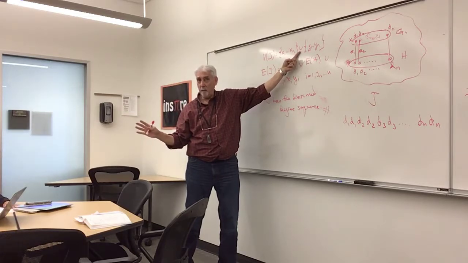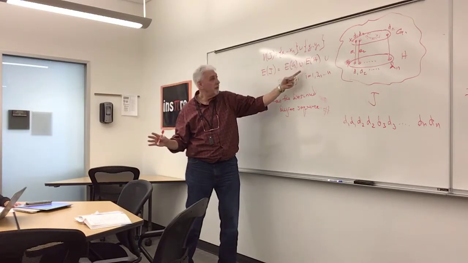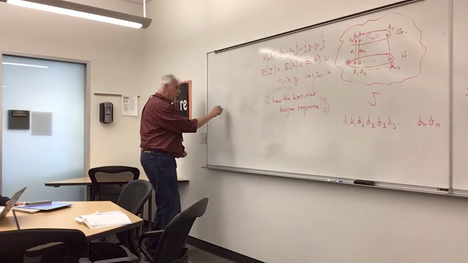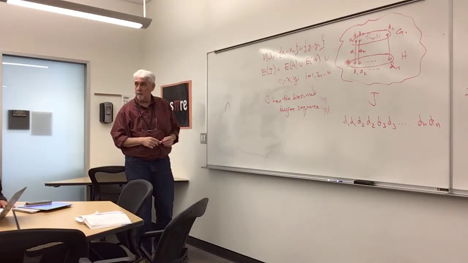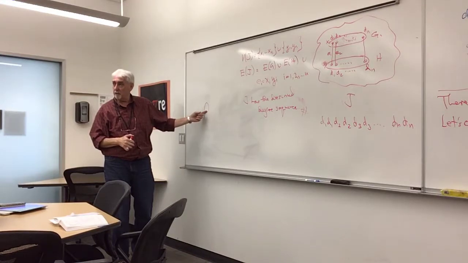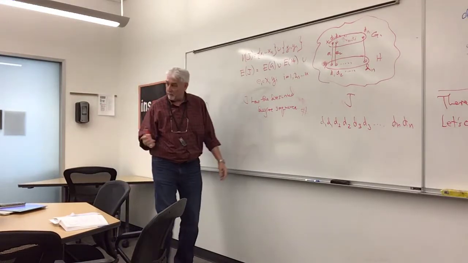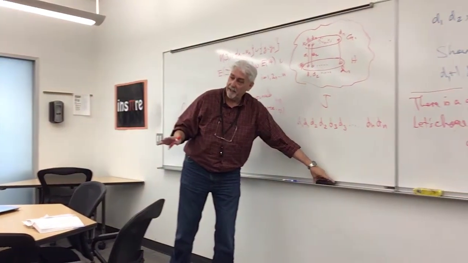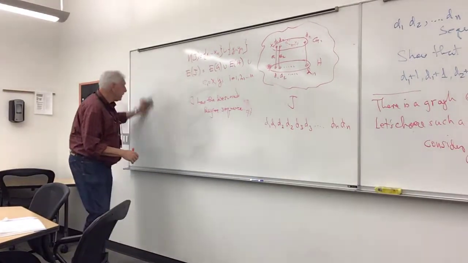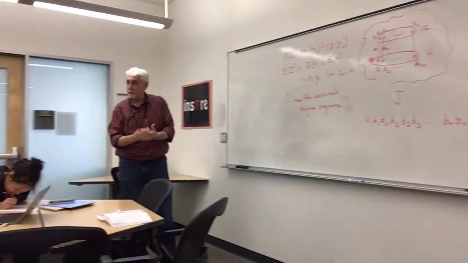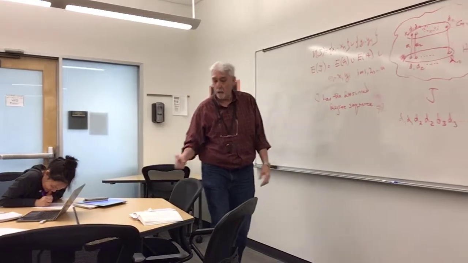Right, this is the union. And at some point, I might use this symbol. You know what this symbol is, right? If there are things that I use, please stop me and ask about it. Okay, questions?